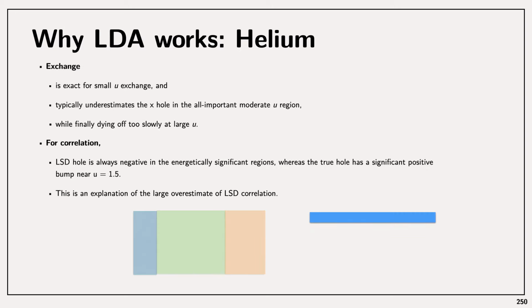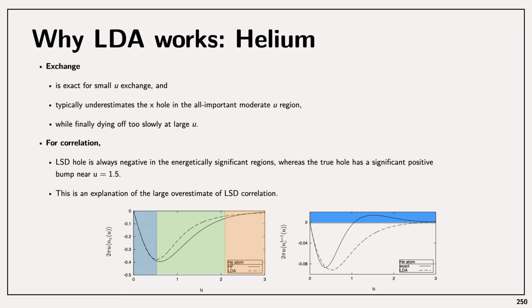So the last thing I want to show you is an example for helium. On the left hand side we have the exchange piece. Actually, this is integrated over. So u is the distance, 2 pi u in front. It's actually integrated over a circle.